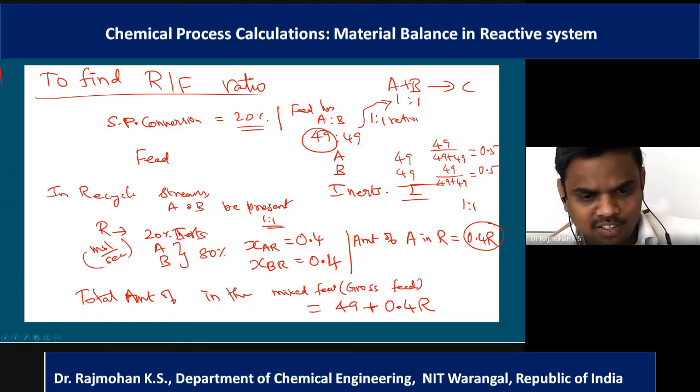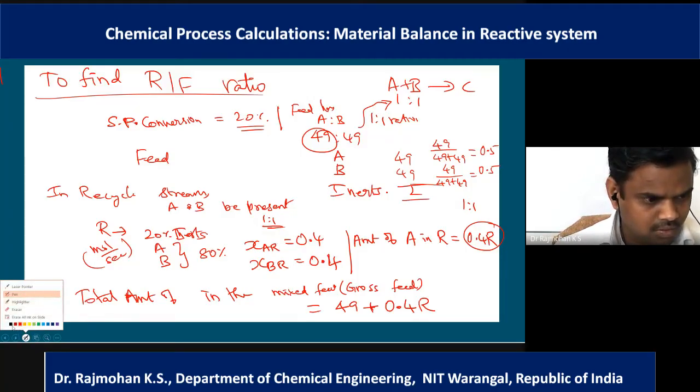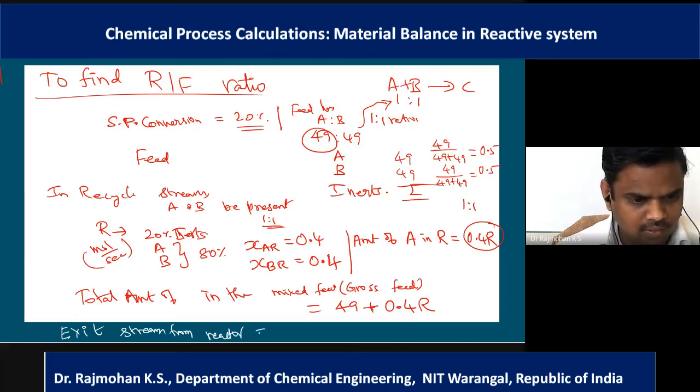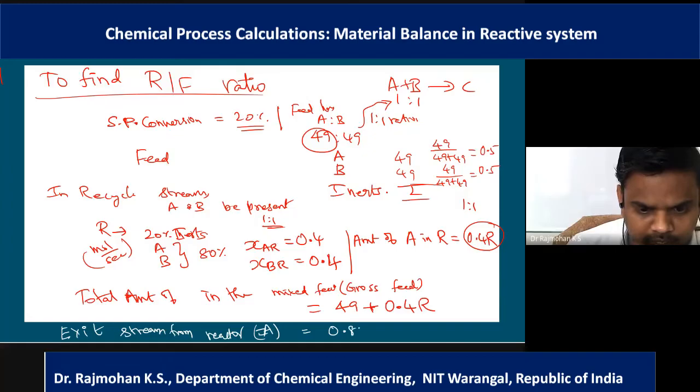So I am writing here: the exit stream from the reactor will contain how much reactant, how much A. The amount of A in the exit stream is equal to 0.8 times (49 plus 0.4 R).